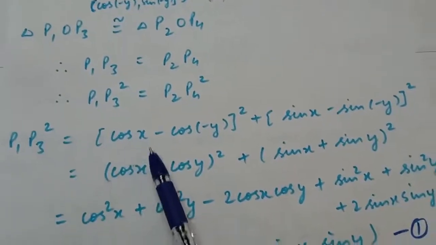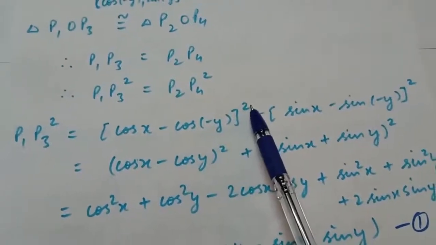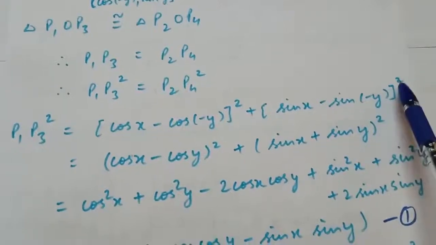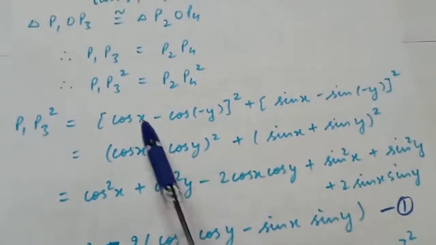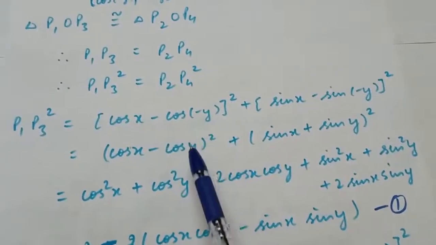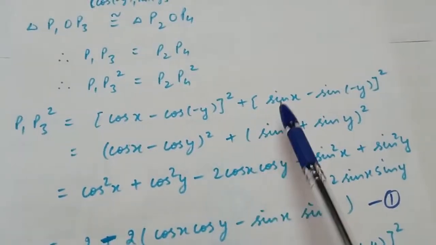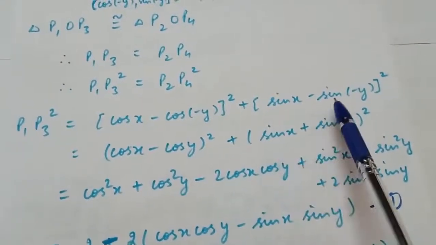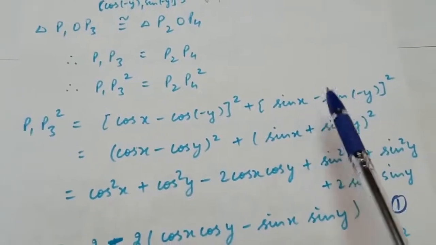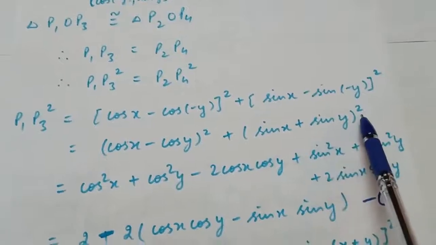So it will be (cos x minus cos of minus y) whole square plus (sin x minus sin of minus y) whole square. Now because we know cos of minus y is cos y, this will be (cos x minus cos y) whole square plus sin x. Now sin of minus y will be minus sin y. Therefore this minus will become plus. So (sin x plus sin y) whole square.